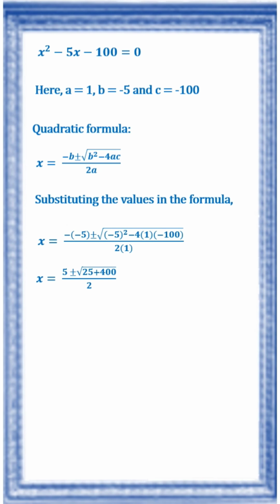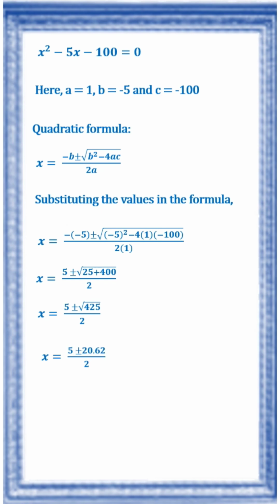That is equal to, let us simplify, 5 plus or minus square root of 25 plus 400 upon 2. That is equal to 5 plus or minus square root of 425 by 2.